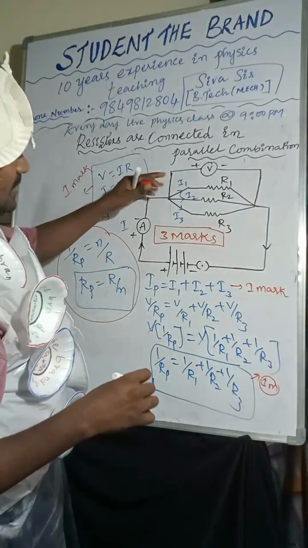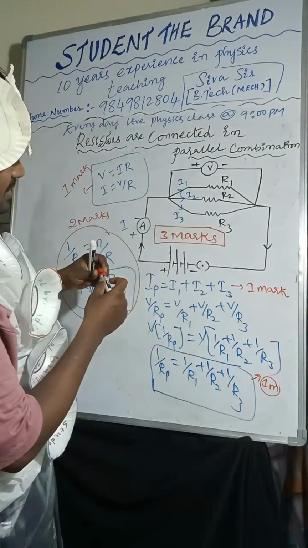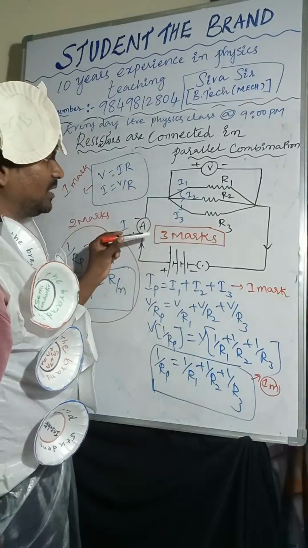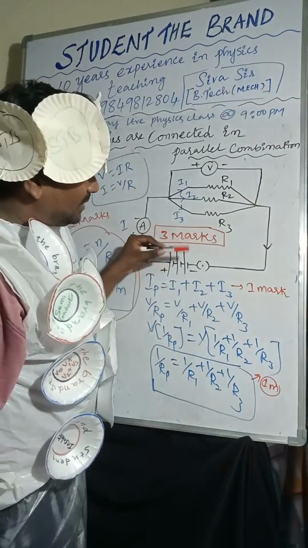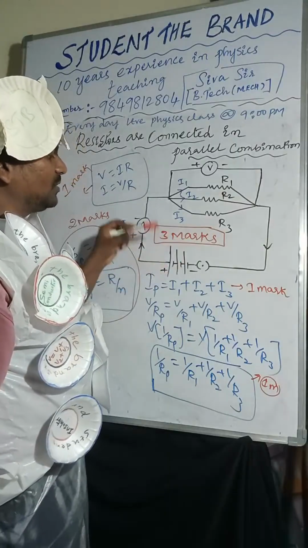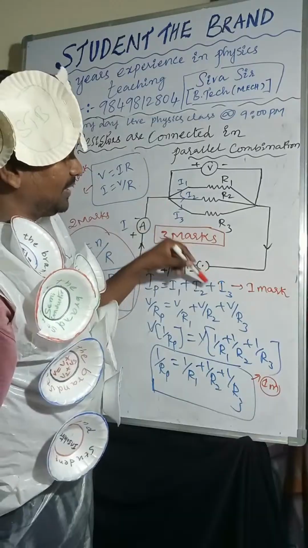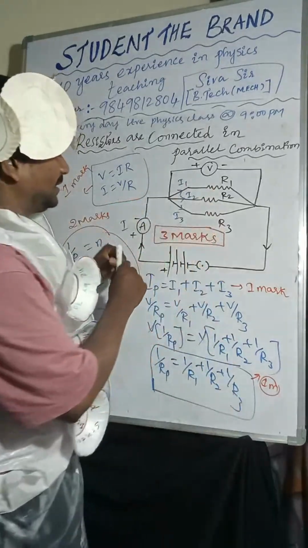This is 3 marks, the entire derivation and expression. Not only the circuit diagram, including derivation, they will ask for 3 marks. Current Ip equal to I1 plus I2 plus I3, and potential difference is constant.